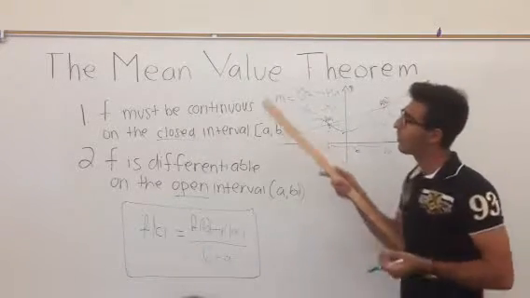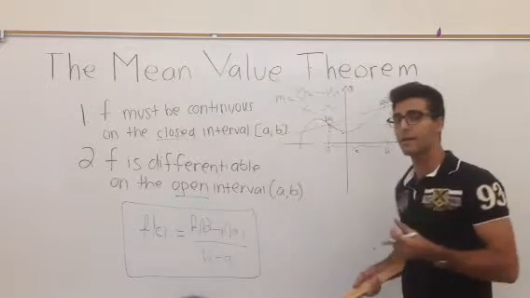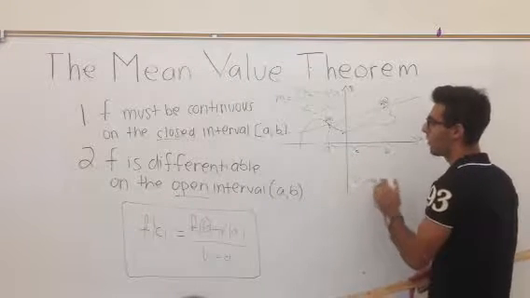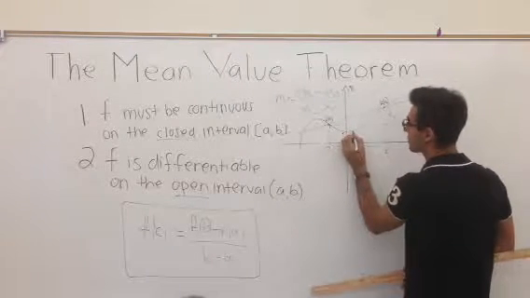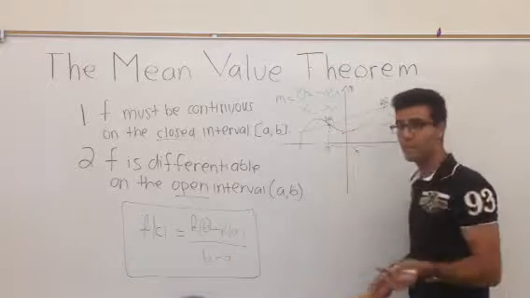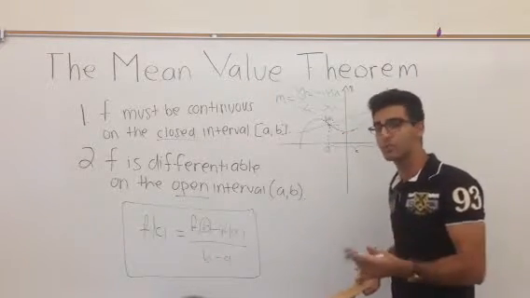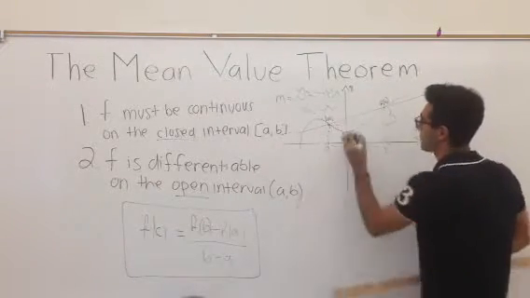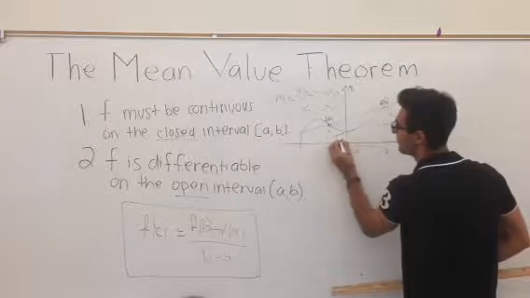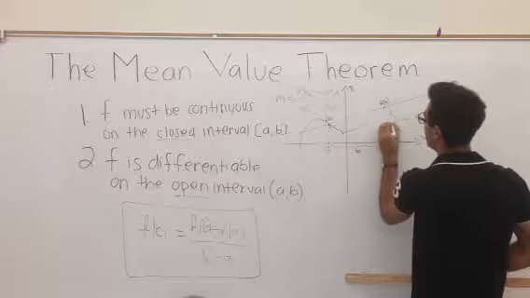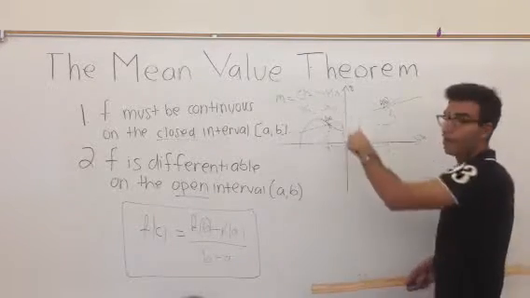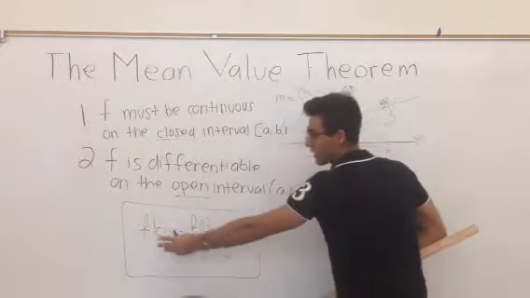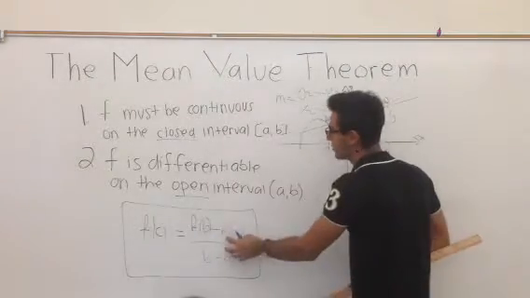The meaning of the mean value theorem is that we must have a point c between a and b where the derivative of the function is the same as the average slope of the function. So suppose the point is right here and you make a line, this derivative. This line is supposed to be parallel to our average slope. That's why we have this equal sign here. Our derivative is the same as our average slope.